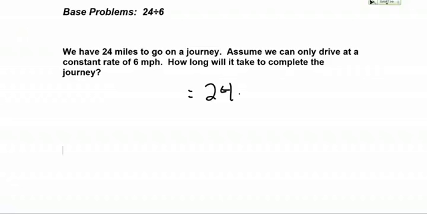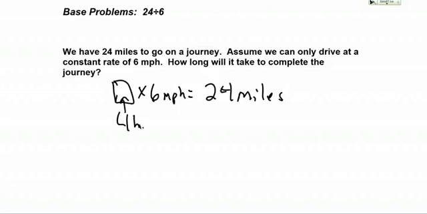Multiplication-wise, we're going to look at this as, well, we want to go 24 miles. How many hours times 6 miles per hour will give us those 24 miles? And obviously the answer is 4 hours.